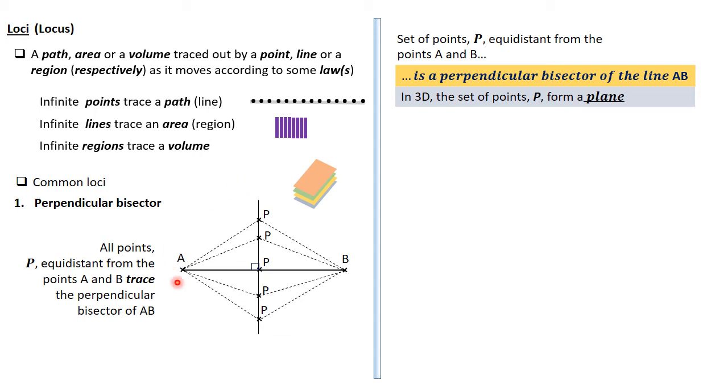If you are envisioning or looking at this in 3 dimensions, P will not be a line, but rather a plane. If you have a point A and another point B, and there's a line segment there, the set of points which are equidistant from A and B could be anywhere in this plane. So we would say that this plane perpendicularly bisects the line segment AB.